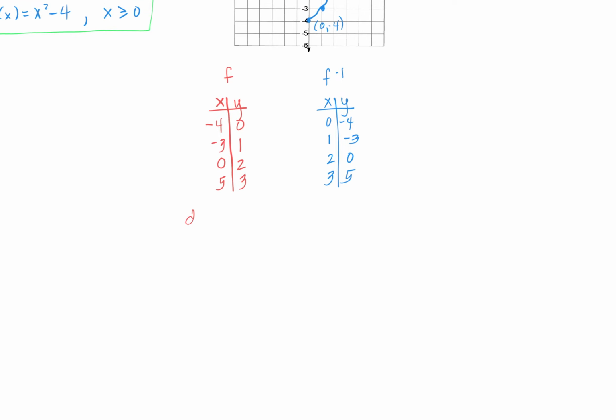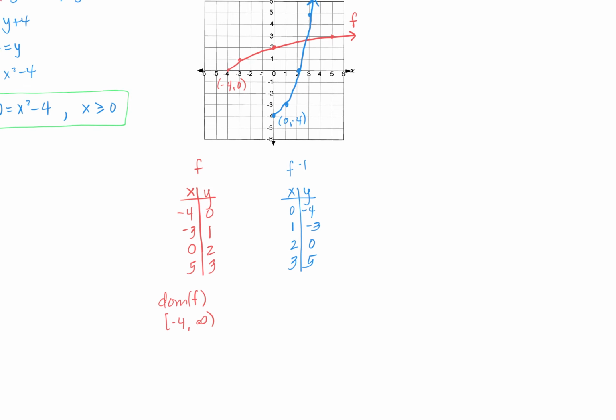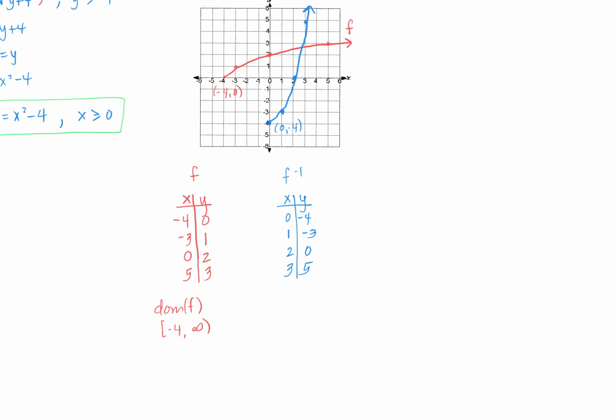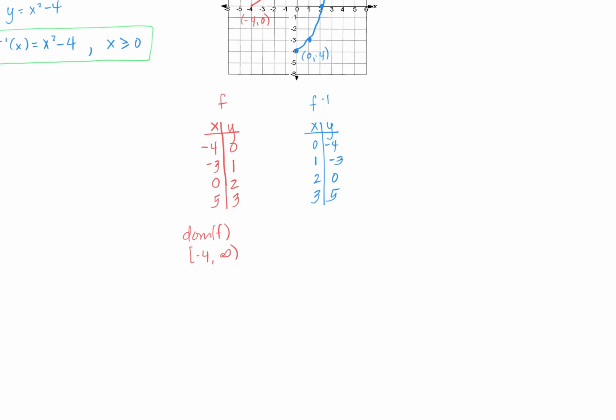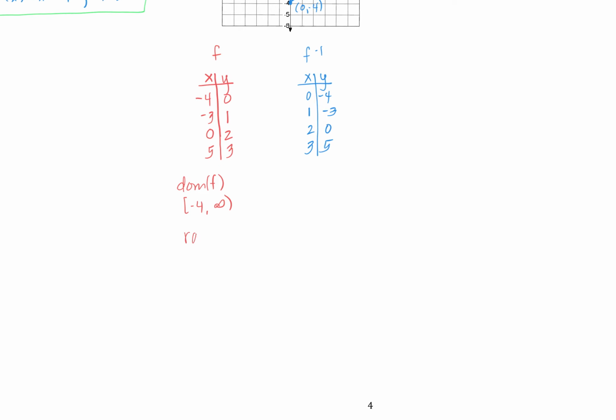If you look at the domain of f, it's going to go from -4 to positive infinity. But look at the range. The smallest y value is 0. So the range of my function f is 0 to infinity.